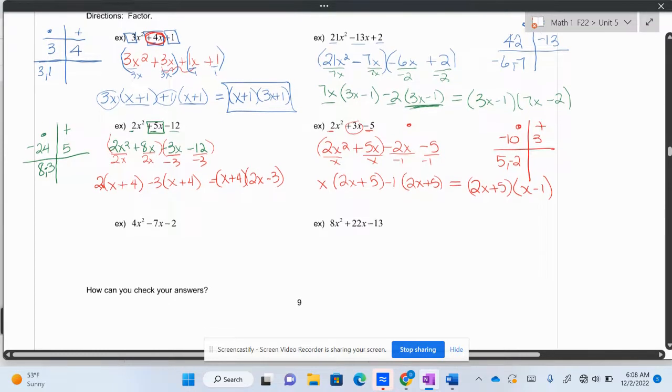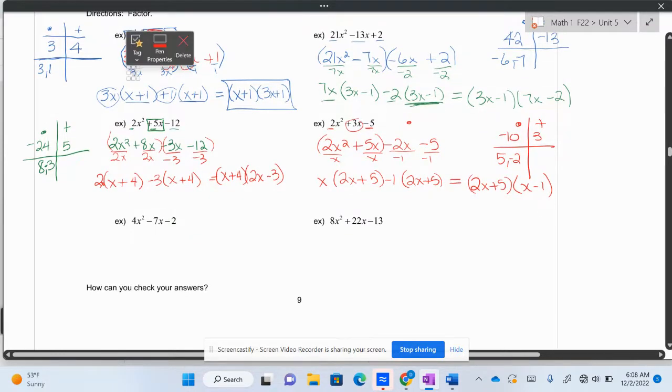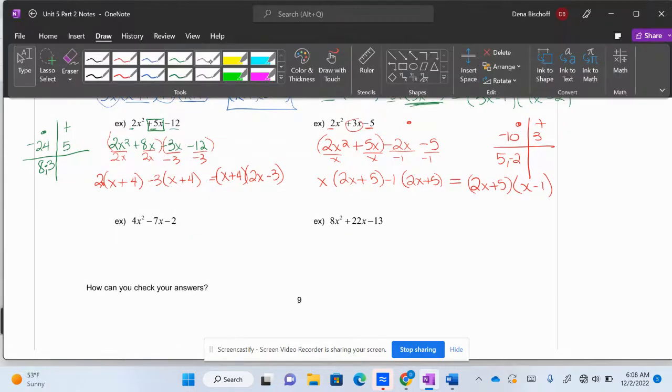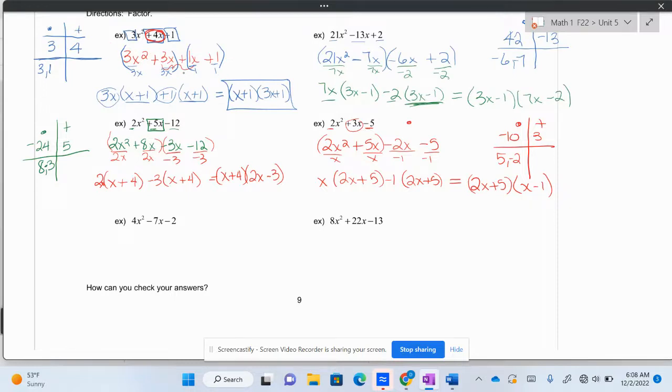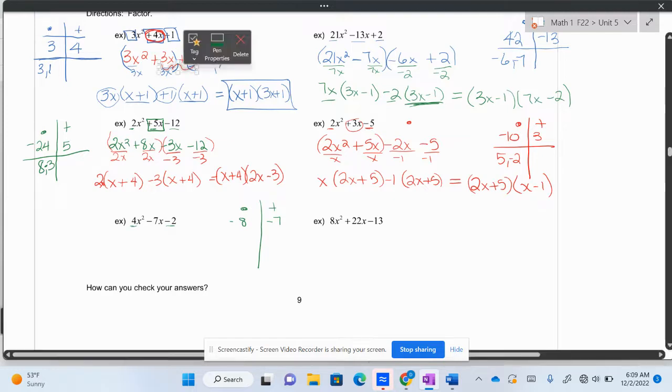So I want you to pause your video and think about setting up your times plus chart. What two numbers, A times C, can you multiply together to equal a negative 8, that when you add them, you get a negative 7? And then I want you to factor by grouping. Pause your video, do that, and then come back and check.